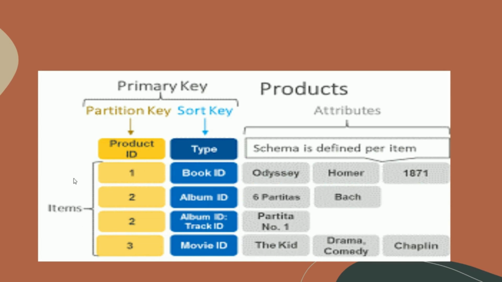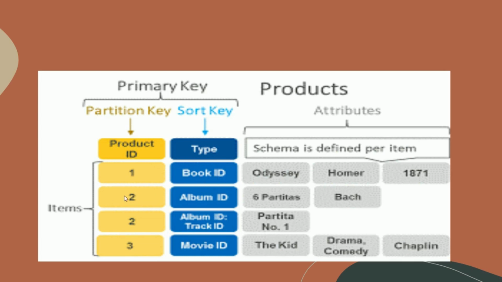Items are under the table. Items have this partition key and then a sort key. So you have this first item here, and it has a partition key of 1 and a sort key of probably book ID. You could use book ID as a sort key here.